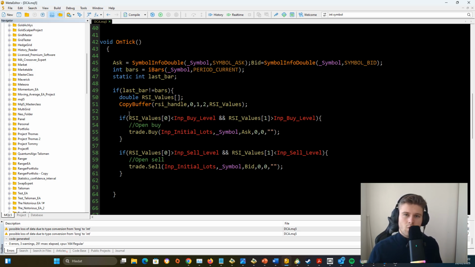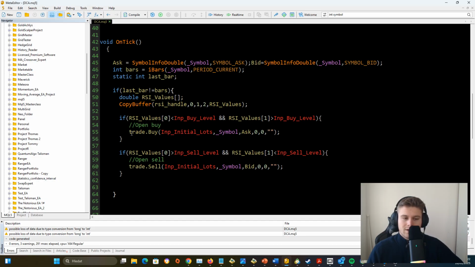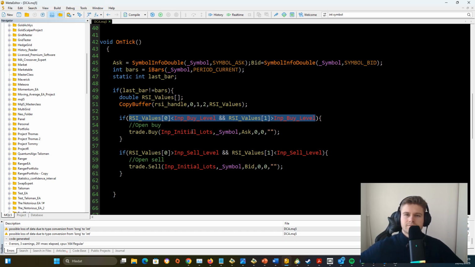So now, since we will be opening buy and sell positions or additional buy and sell positions based on signals, this function will be used for opening the initial position as well as opening additional positions. Okay, so the difference between the initial position and the secondary or additional position will be in its lot size.